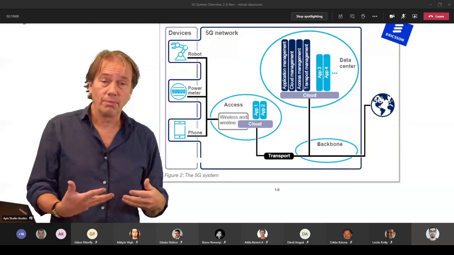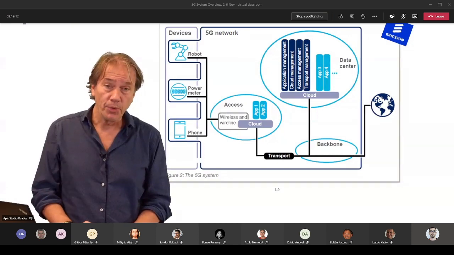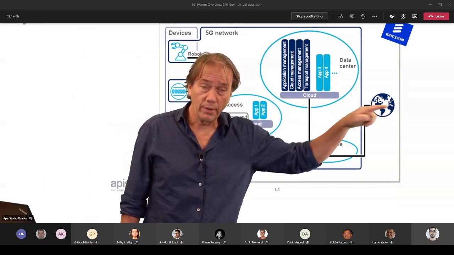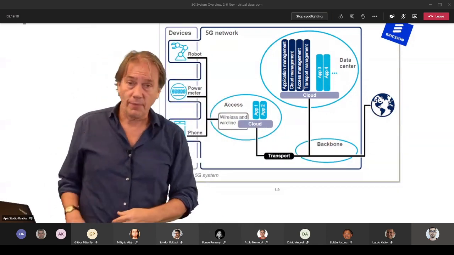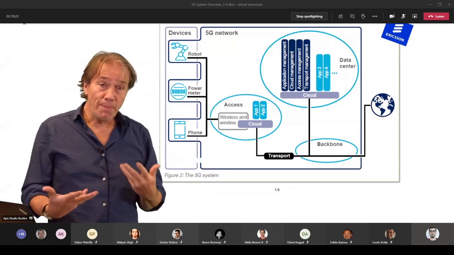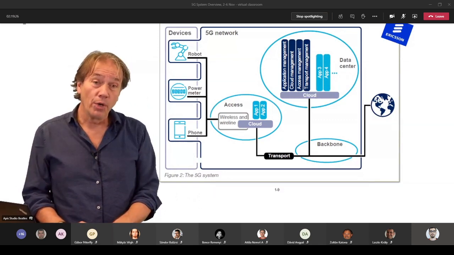That's the way to achieve edge computing. If the applications are far away somewhere, that's not edge computing. Exactly what the edge means is very much in the eye of the beholder.